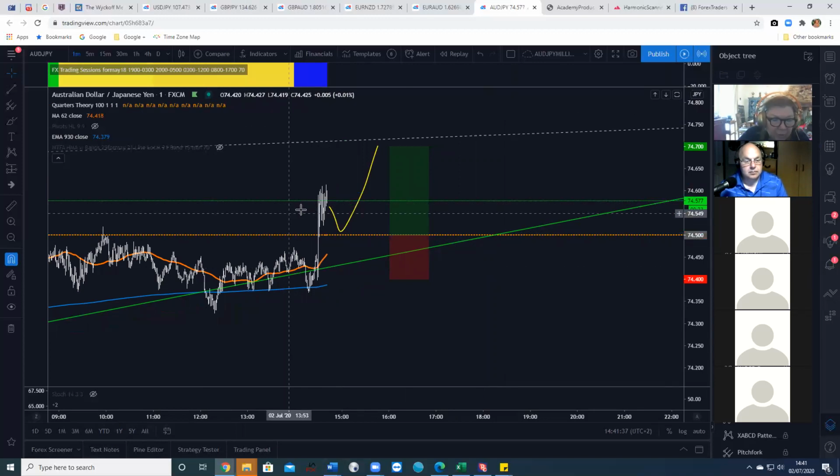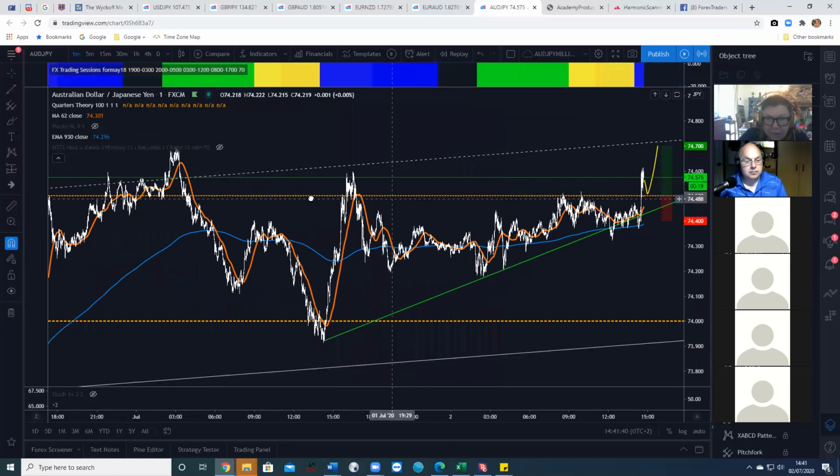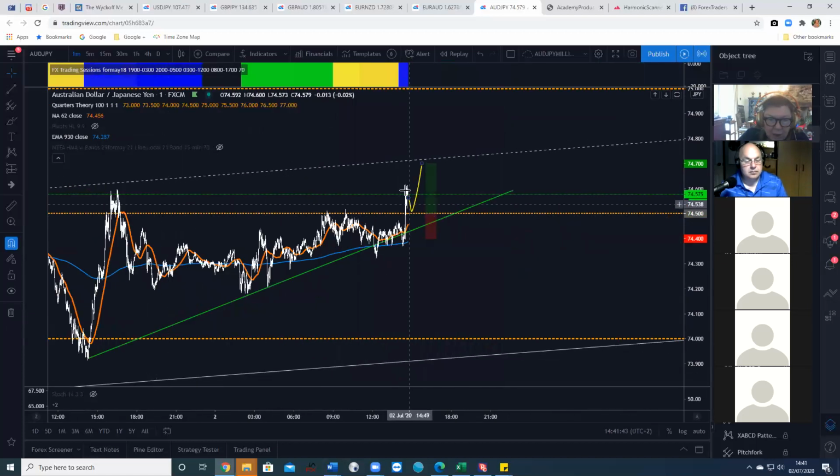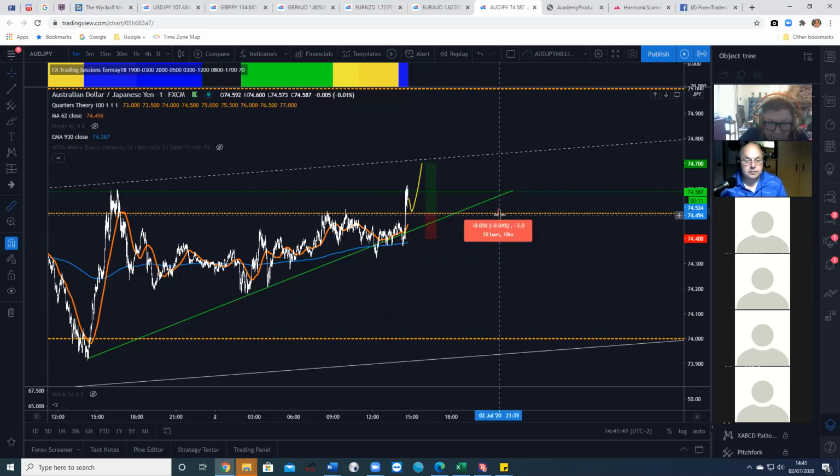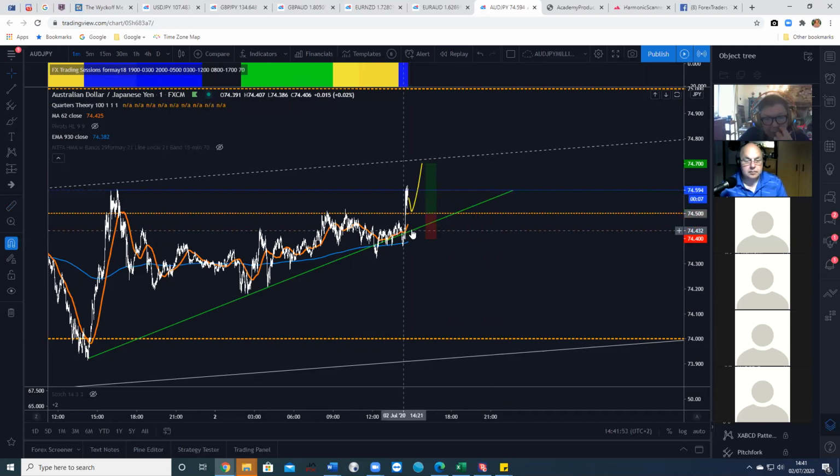So at the moment, this price isn't coming back. So no trade if it's just going to carry on up and move back. It missed coming back by 1.9 pips, but the 62 hasn't caught up with it to touch it, and the angle there is quite wide.